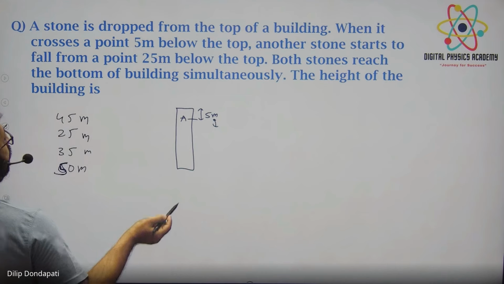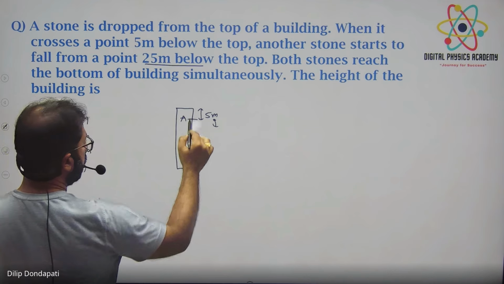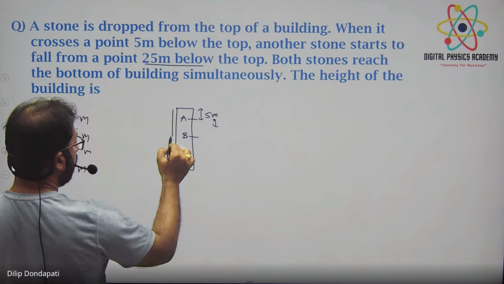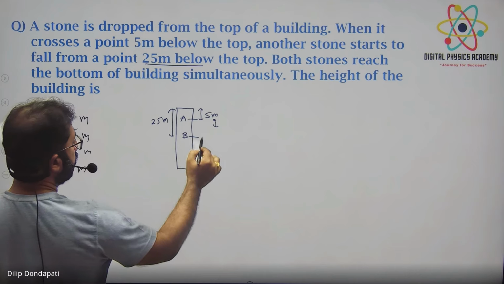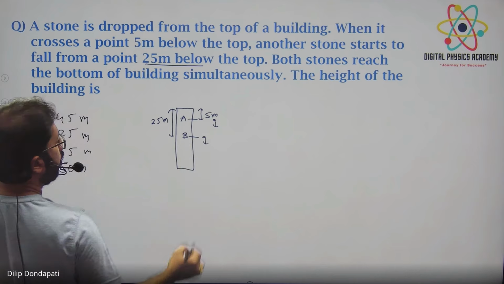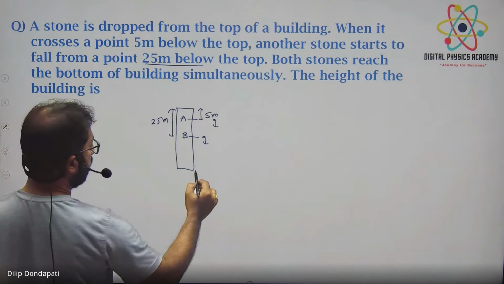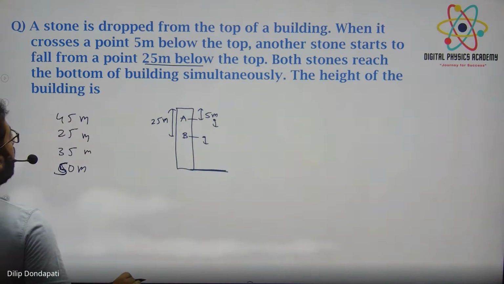Another stone starts to fall from the point 25 meters from the top, so take point B, which is 25 from the top. A second stone dropped. Both reach the bottom of the building simultaneously. They reached here, both the same distance. Find the height of the building.